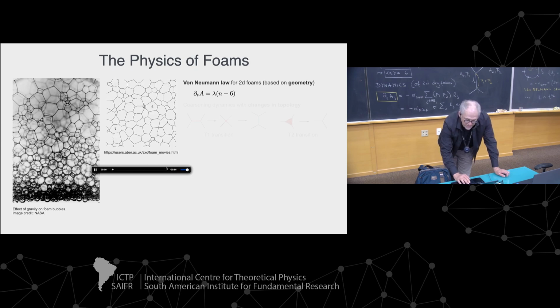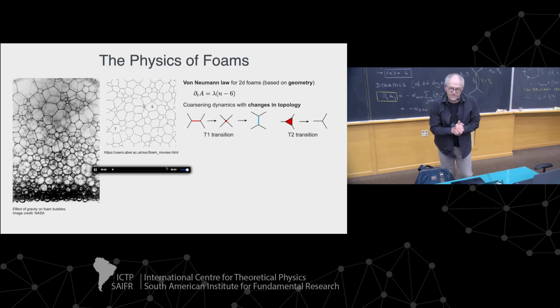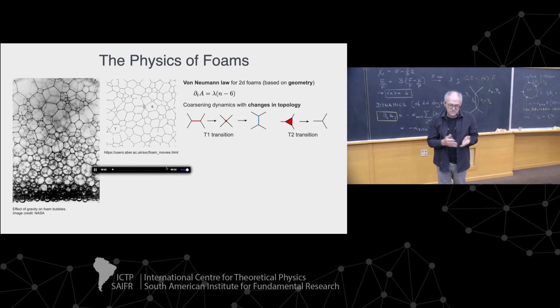So this is the von Neumann law based on geometry. As the structure of the foam changes, there are certain transitions that change the topology, and the one that you just saw is a T1 transition, where you go from 2 vertices with 3 edges meeting to having 4 edges, and this continues, building a new boundary, and it gets 3 edges again.